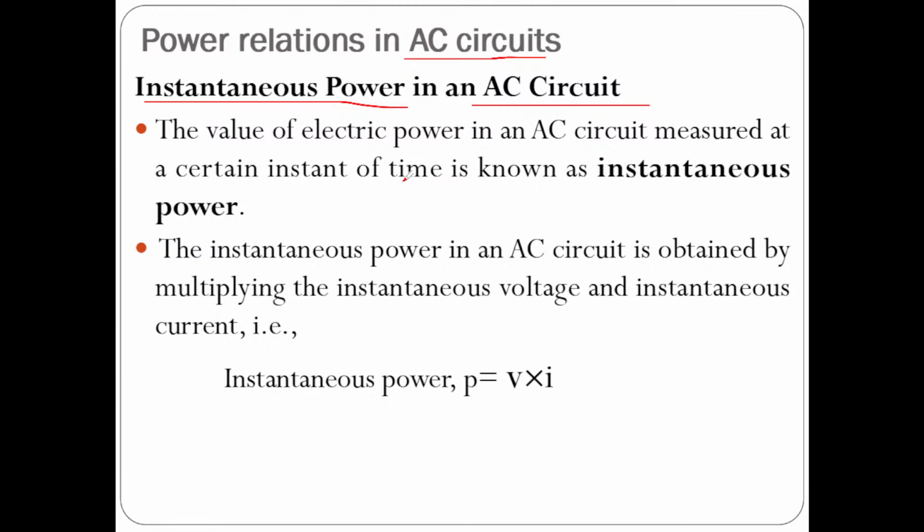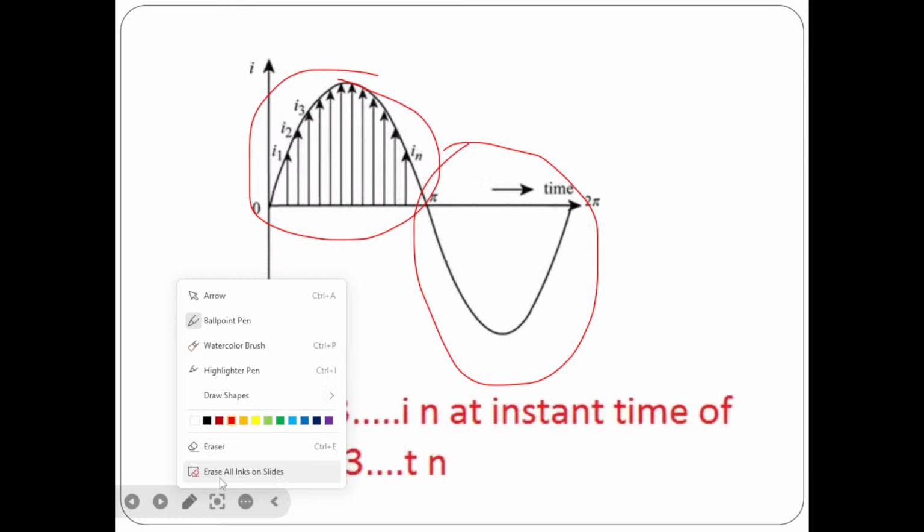I have considered only one cycle here. This is the positive half cycle, and this is our negative half cycle. I have considered only the positive half cycle, and I have divided that positive half cycle into different intervals.